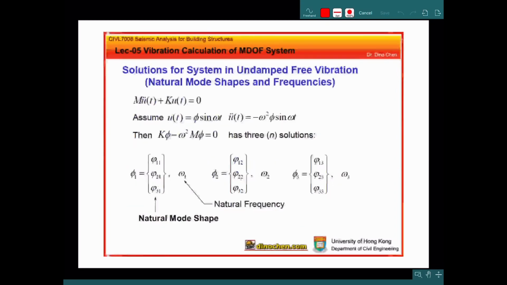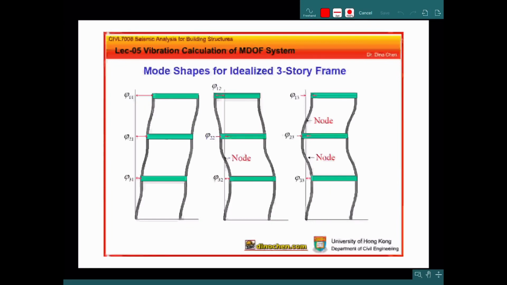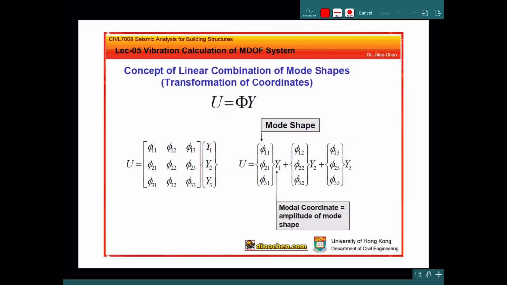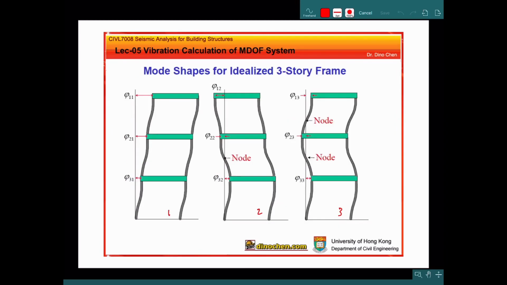We know that this 3 DOF system has 3 modes: first mode, second mode, and third mode, and no more, because there are only 3 modes for a 3 DOF system. And we know the displacement at each node, for example, these several nodes.